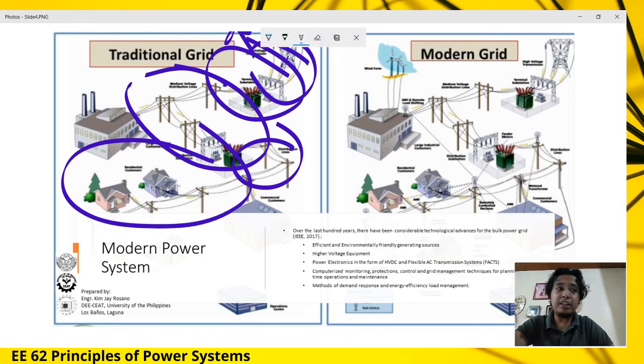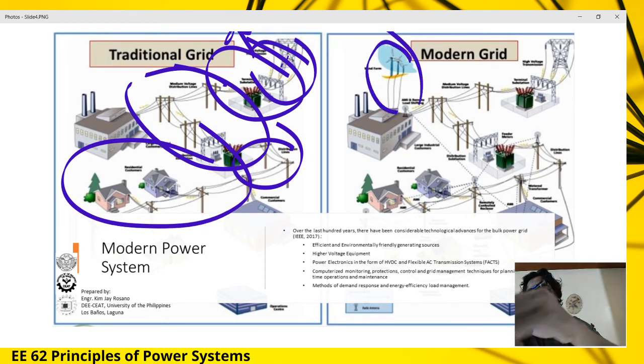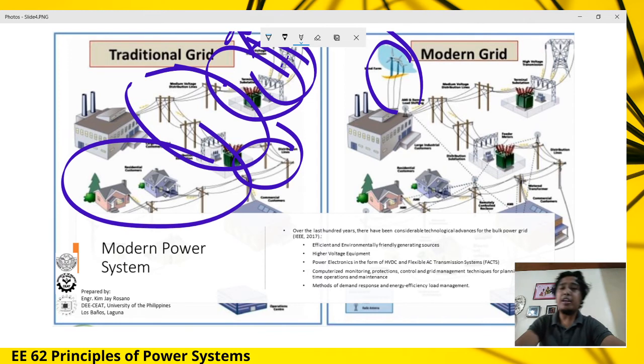This is basically development from your DC power nung first station. Well, it's 1882, so I guess after 50 years, 100 years, most probably talaga ma-develop siya ng ganito. Now, in our modern grid, this is more modern. You now have distributed generations.